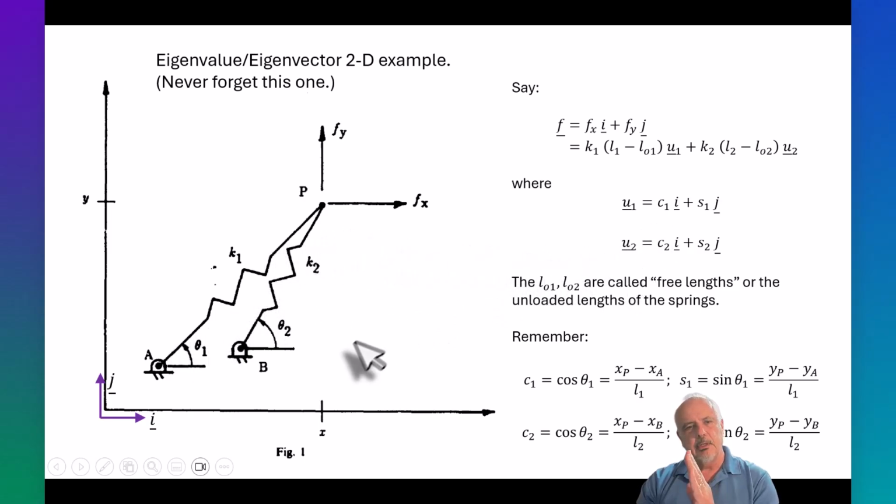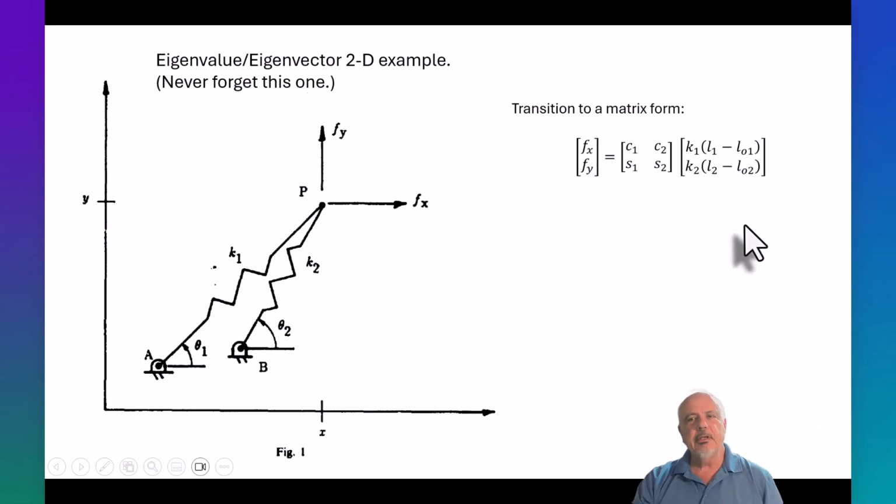And then U2 similarly is a unit vector that's aligned with theta 2. Okay, so this is the resultant of the 2 spring forces, quite frankly. That's all it is. And then L01, L02 are going to be your free lengths of the unloaded springs.